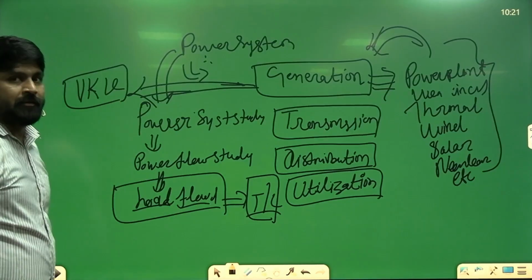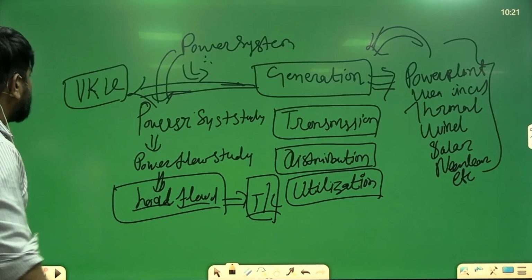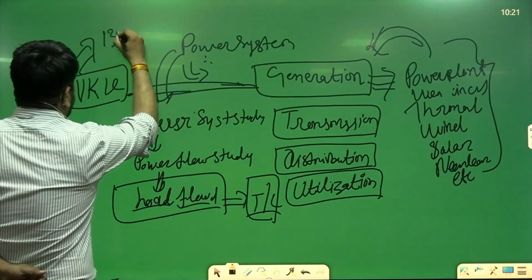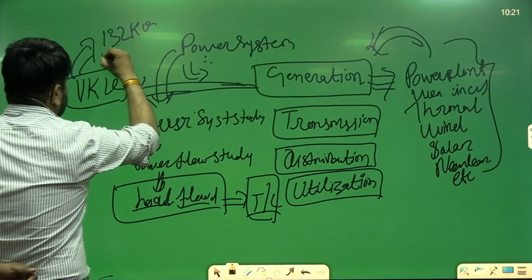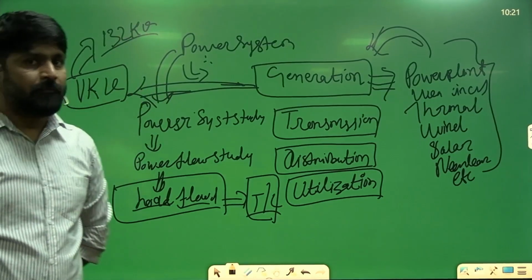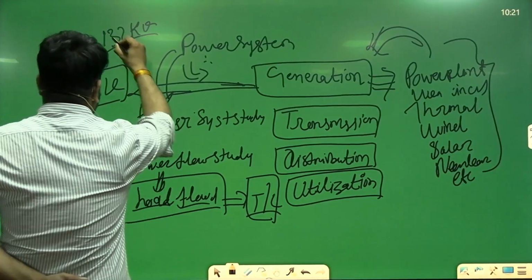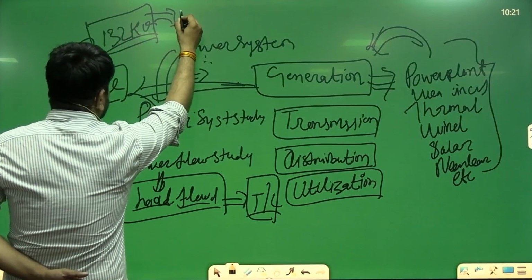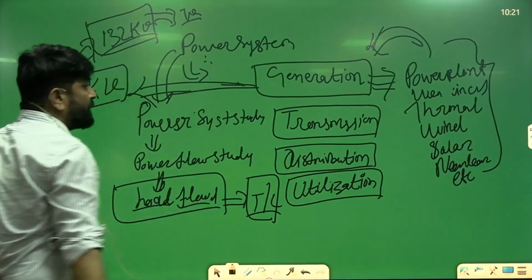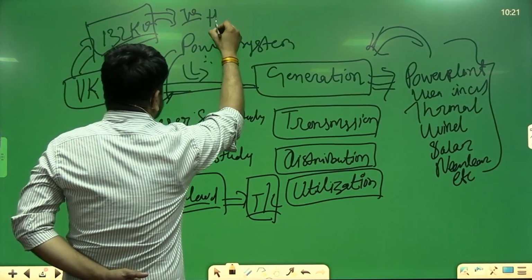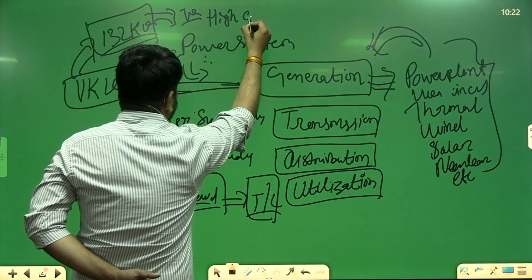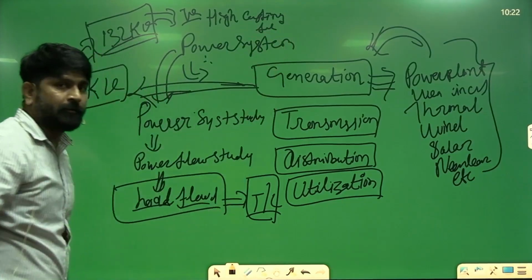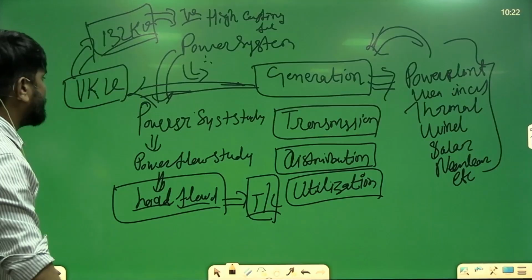We can't generate electricity at high voltage because then we need high-cost equipment, so we use 11 kV.